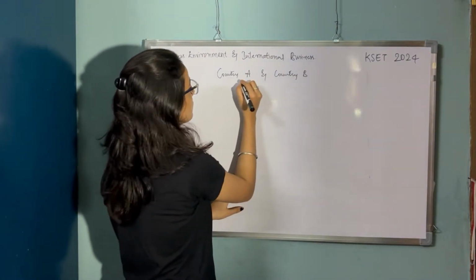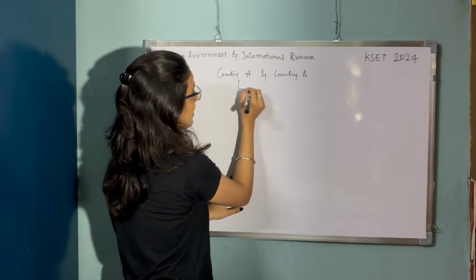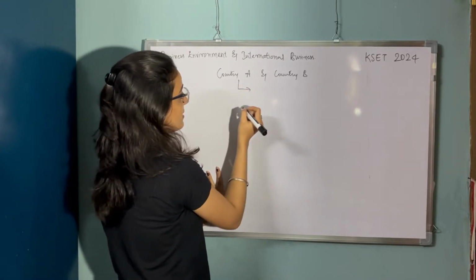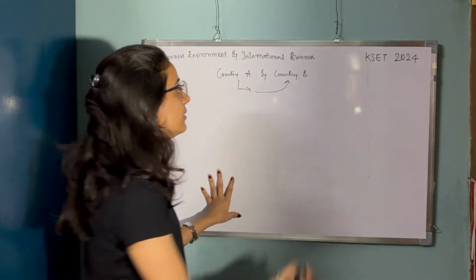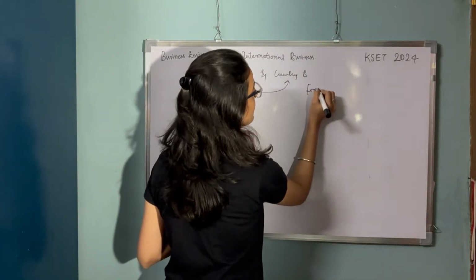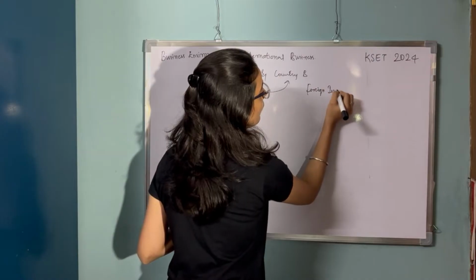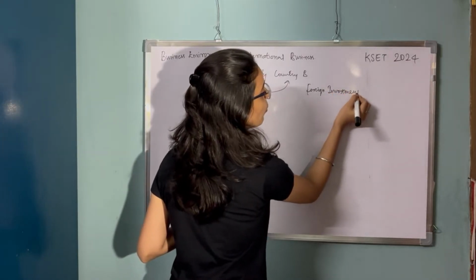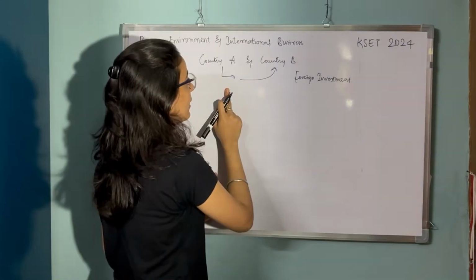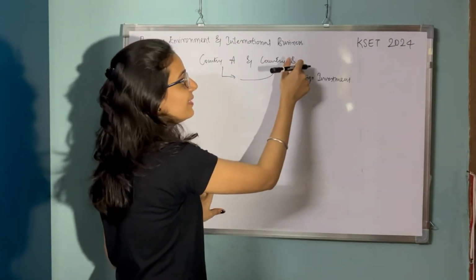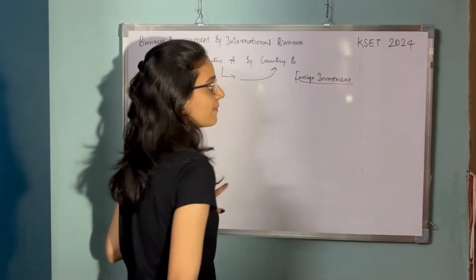So when country A citizens or residents invest in the companies of country B, then it is known as foreign investment. When companies, residents, individuals, whoever it is, invest in another country, it is termed as foreign investment.